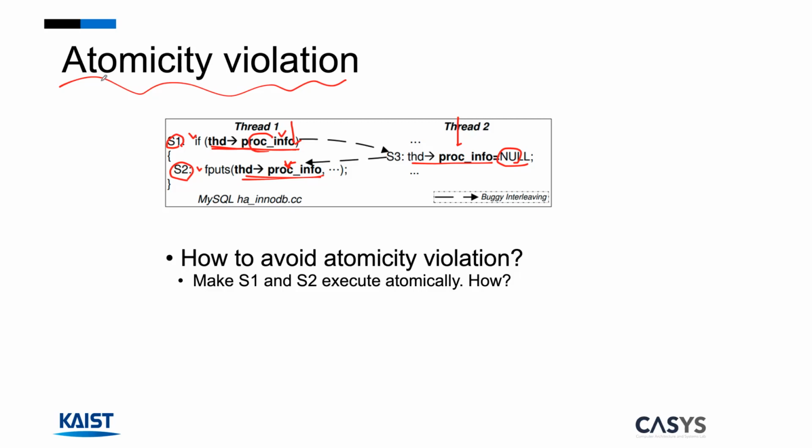To prevent atomicity violation, what's the way? How do we make statements S1 and S2 execute atomically? A simple way, right? We use the mechanism we learned, a lock. So atomicity violation usually happens when you have to put in a lock, but you forget.